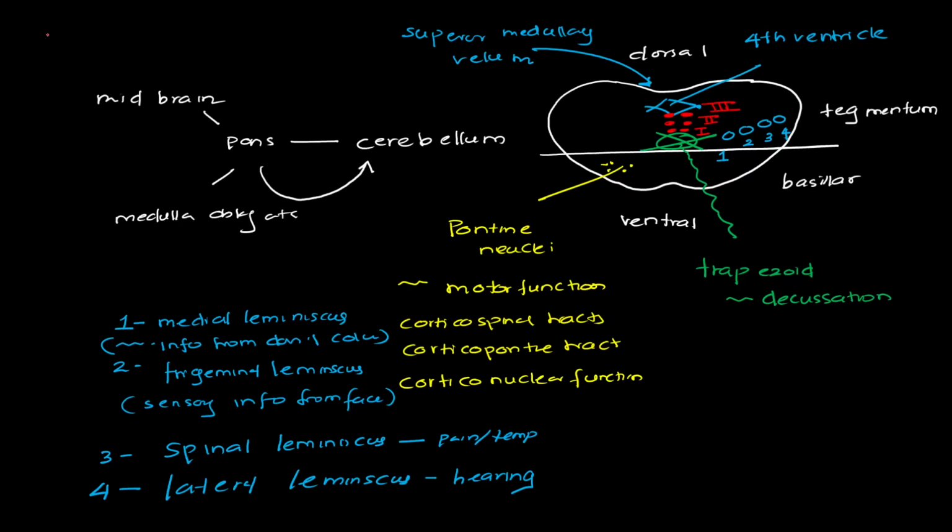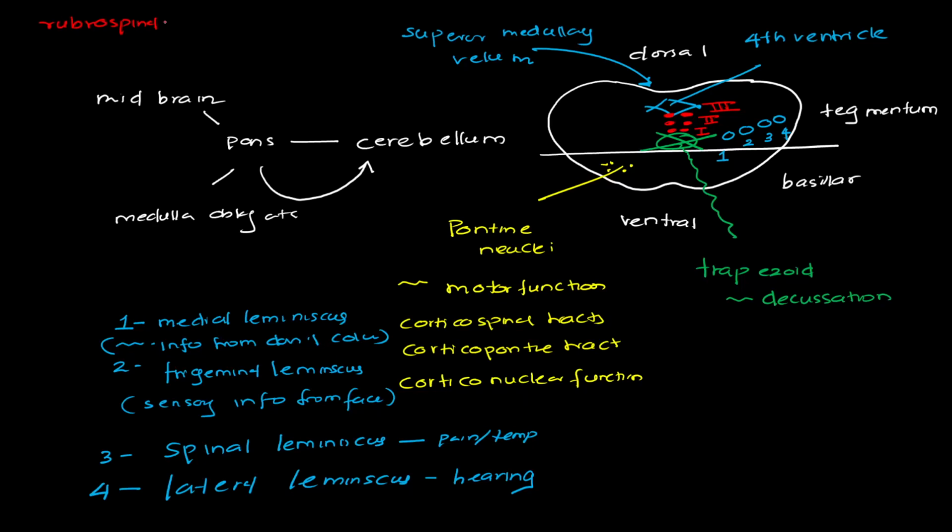So tract number 1, which is present more ventrally, is known as the rubrospinal tract. What does it do? Now these are usually descending tracts, carrying information from regions of the brain proximally to the distal aspect, usually the spinal cord, for the motor functions to take place.